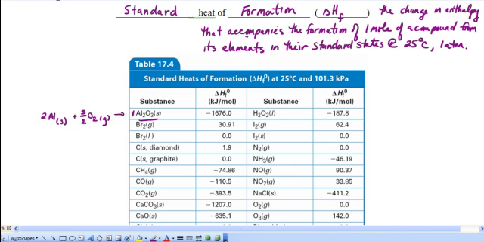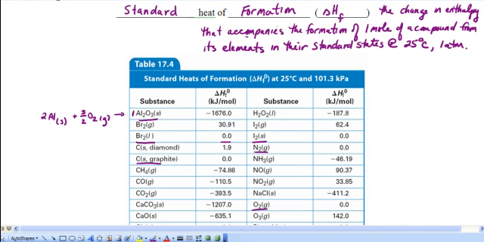Now notice, if you look at pure elements, bromine is a liquid in its standard state. So it doesn't take any energy to form bromine because it's already in its standard state, as is carbon in the graphite form, as is iodine in the solid form, as is oxygen in the gaseous form, nitrogen in the gaseous form. Those are all pure elements already in their standard state, so there's no change.